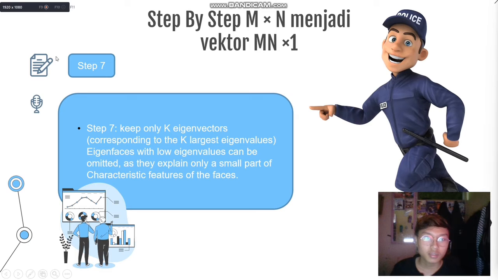Next, step 7, keep only the key eigenvectors corresponding to the k largest eigenvalues. Eigenfaces with low eigenvalues can be omitted, as they explain only a small part of the characteristic features of the faces.